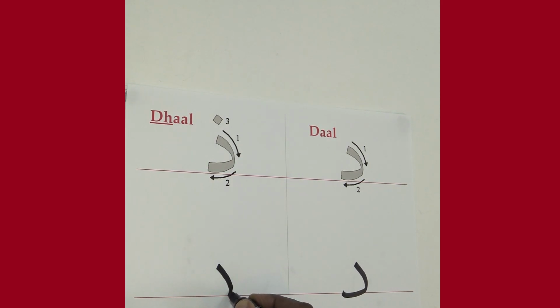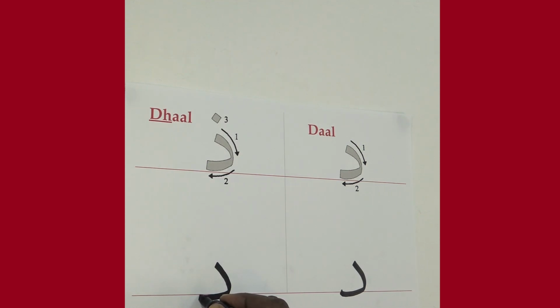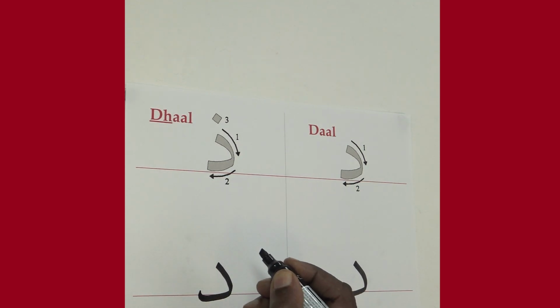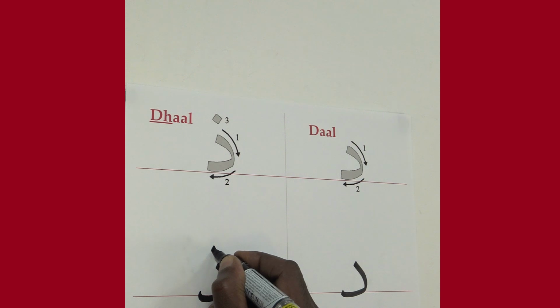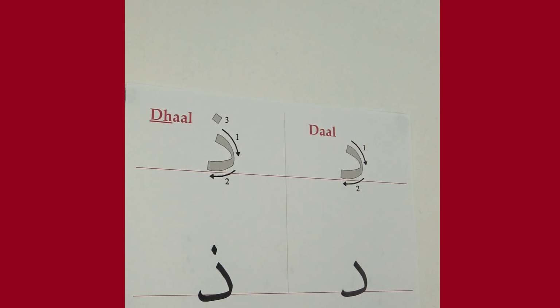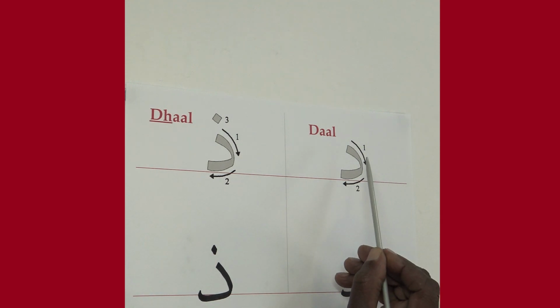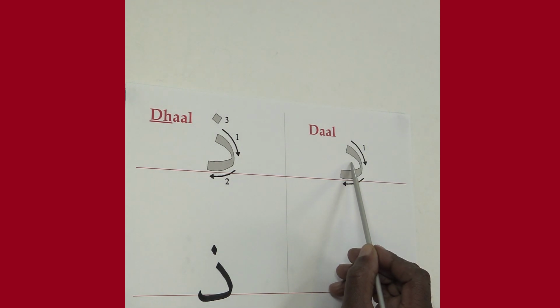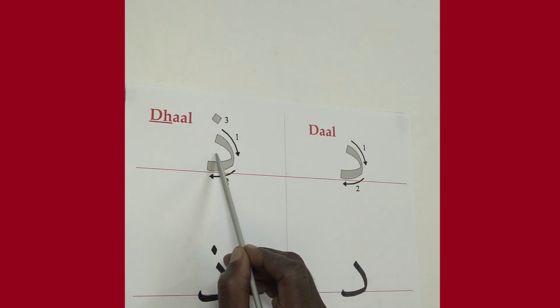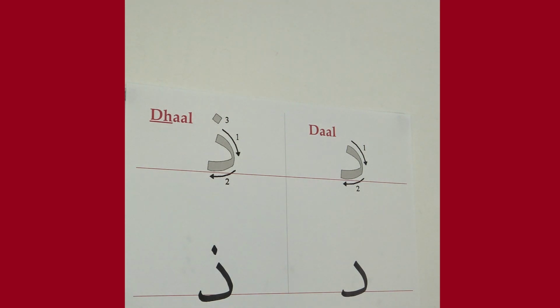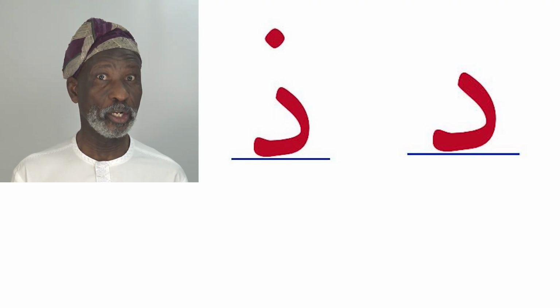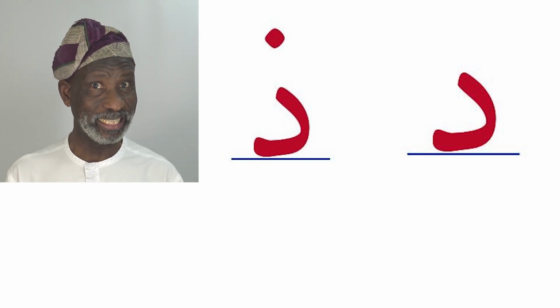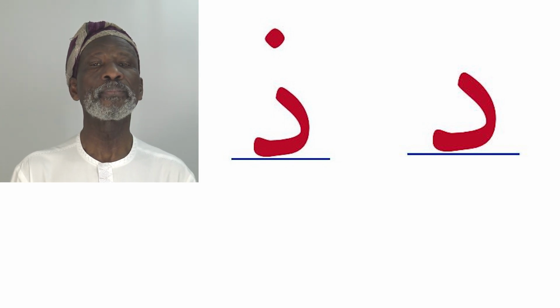We're doing the shape first, stay on the line, and then dot on top. Well done. Now, we've done 2 already, dal and dhal.